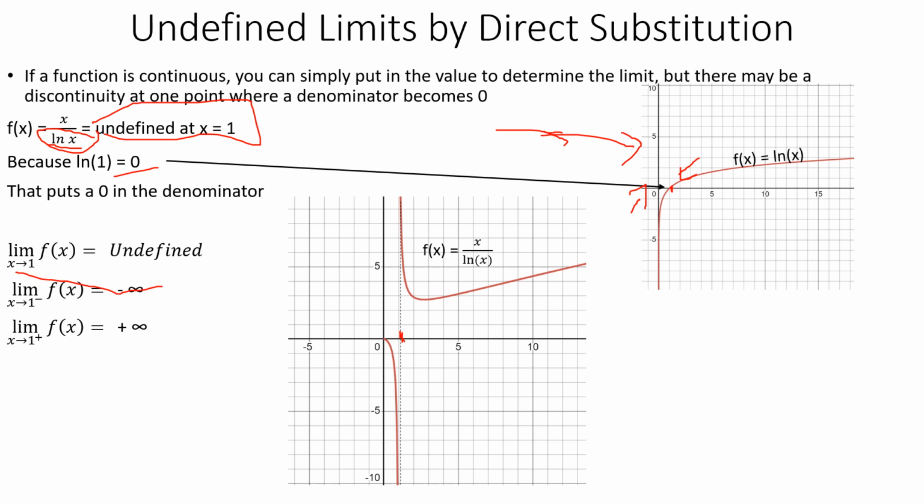But it's approaching from both sides right here. It's approaching from the left. Let me make the arrow here. From the left, it's approaching negative infinity. That's what I got right here. No matter, as I get closer and closer to 1 from the left, it's approaching negative infinity. As I'm approaching from the right here, it's approaching positive infinity.